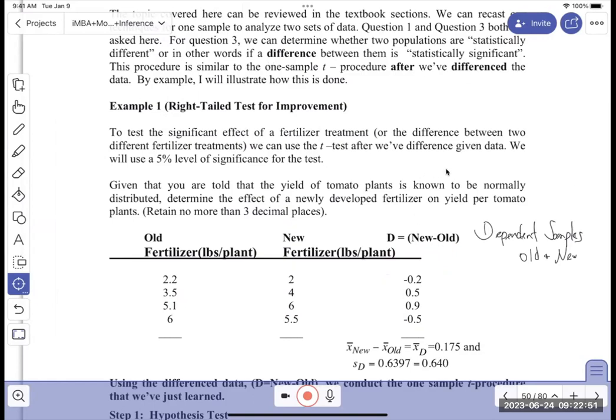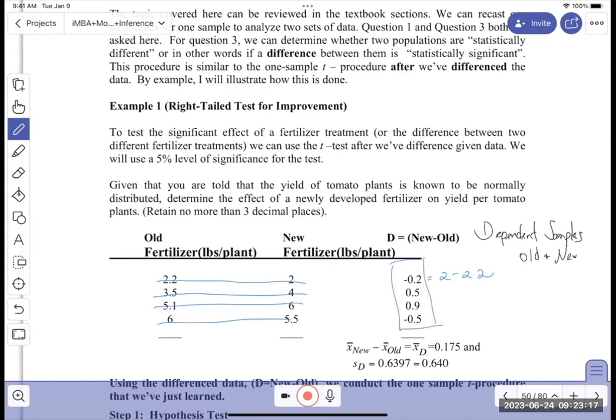So I'm going to take 2 minus 2.2, and I get the differenced values, and then I don't use these anymore. I do that across the board, and these are gone. These are collapsed into one number. And this is my new data set, the difference data. I use a subscript D. You don't have to do that. It's just to make sure you realize that I did a step before I got here.